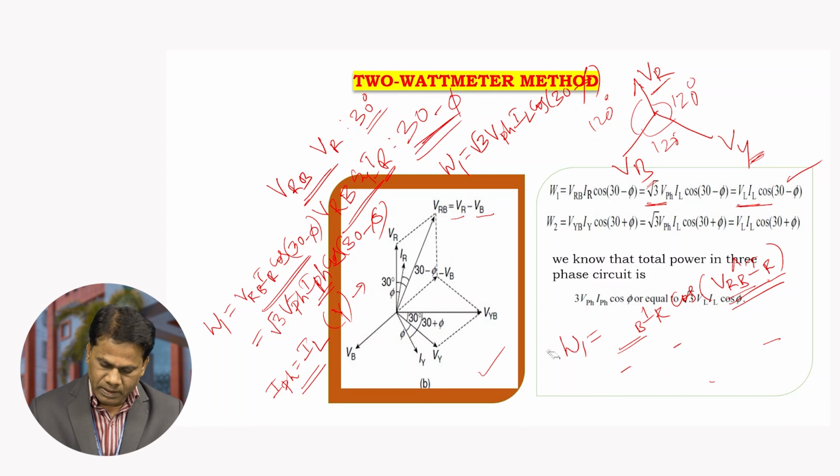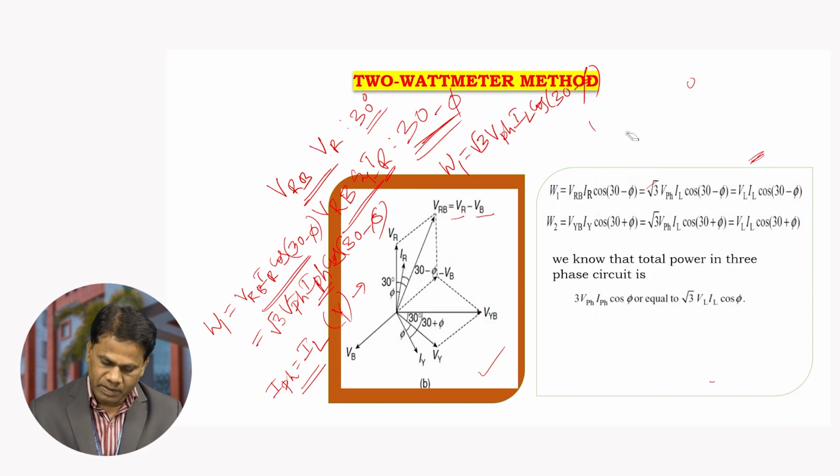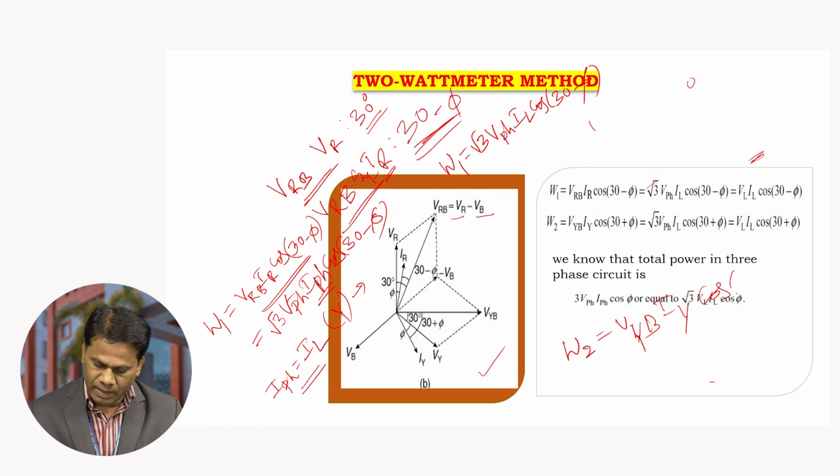So let us consider the reading of the second wattmeter. The reading of the second wattmeter is given by W2 equals the voltage across Y and B phase, times the current through Y phase, times the cosine of the angle between VYB and IY.